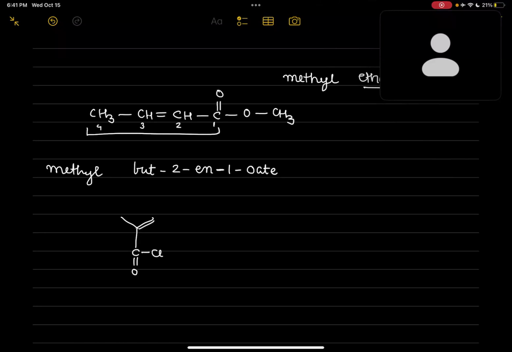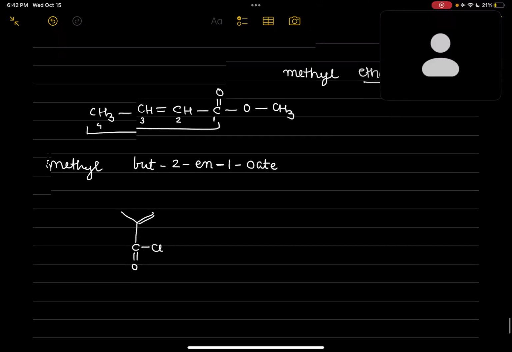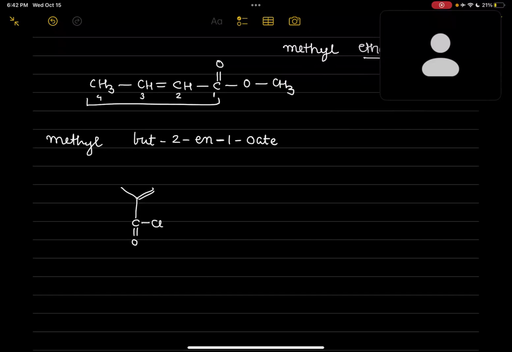Same procedure we are going to follow. First, we find the principal functional group and select the longest chain containing the maximum number of principal functional groups and multiple bonds. Then we decide the word root, primary suffix and secondary suffix. And in the last, we put the prefixes. Got it? Yes, sir.